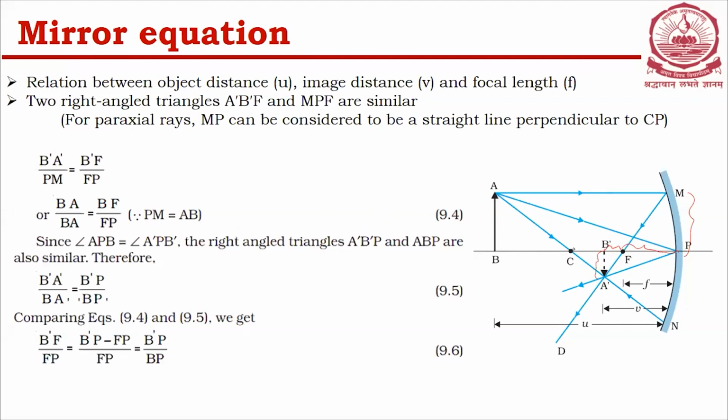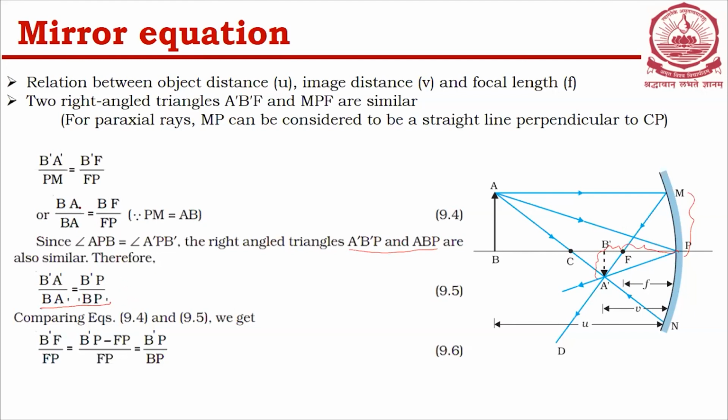Therefore B dash A dash divided by BA should be equal to B dash P divided by BP. This is another relation you can write from the right angle triangles.